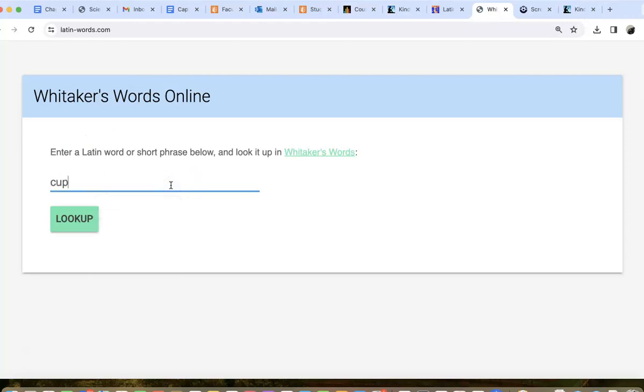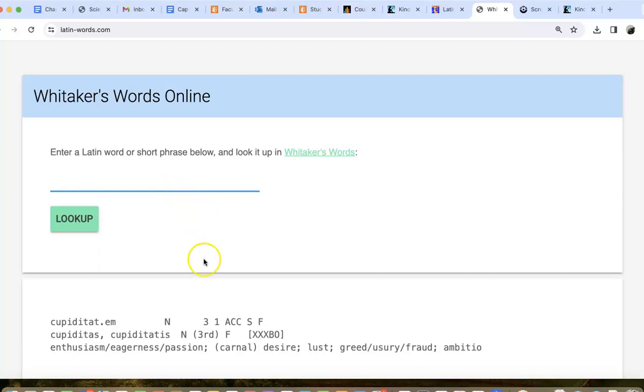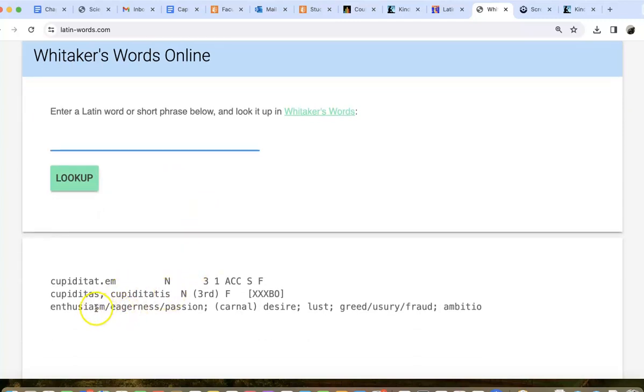Some of these words have been used before, but you can see this means enthusiasm, eager, passion, desire, lust, greed. This is one of the challenges with Latin: Latin doesn't have the vocabulary that English has, and so only the context will tell you what the word means and the best way to translate it.